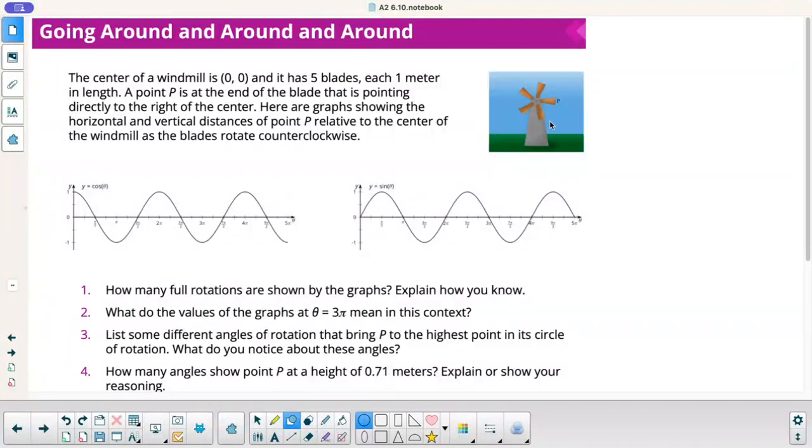All right, let me adjust this here. I'm going to put a circle right there. So there's my circle, and then this is at (0, 0). So I'm going to draw a line right through there.